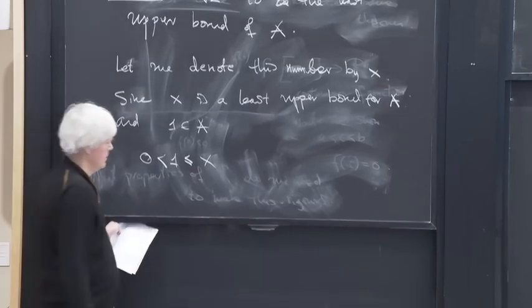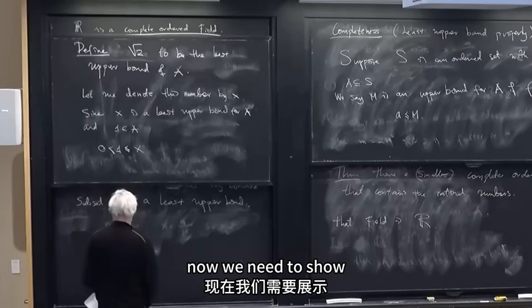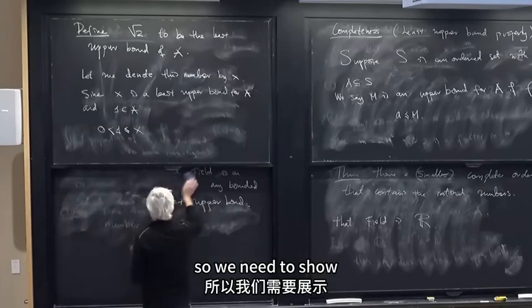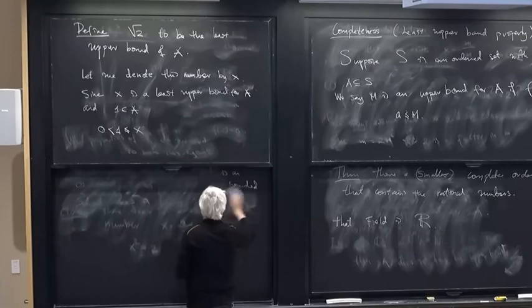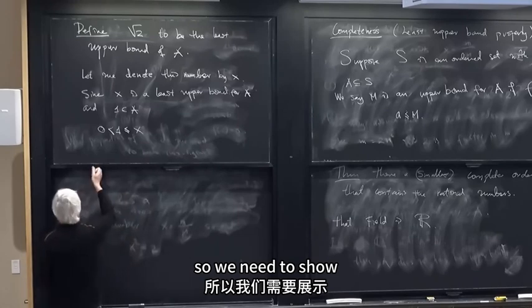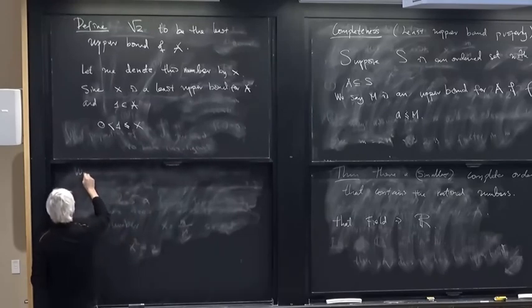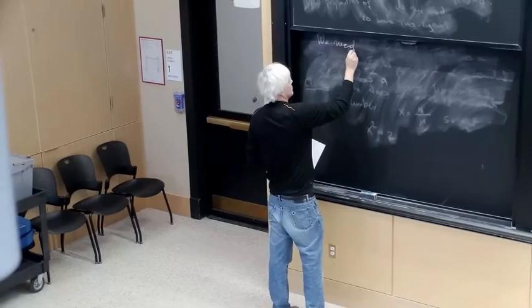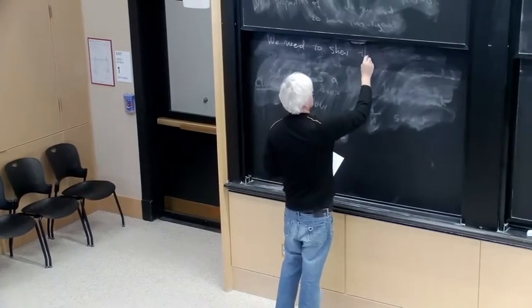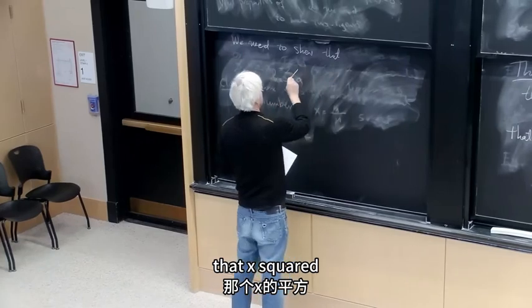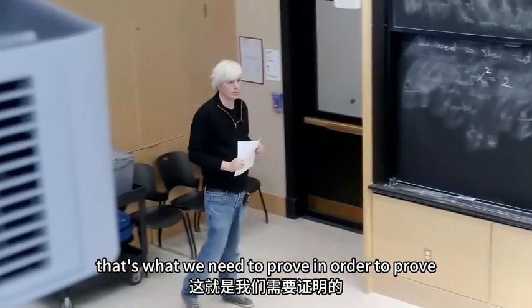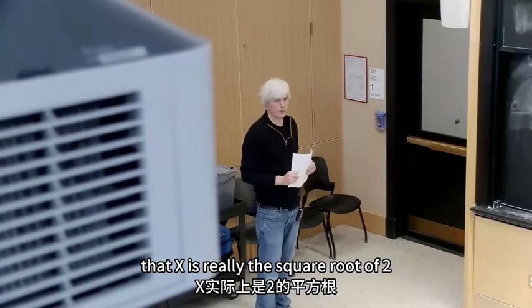Now we need to show that x squared is equal to 2. That's what we need to prove in order to prove that x is really the square root of 2.